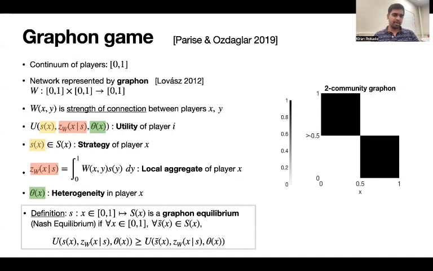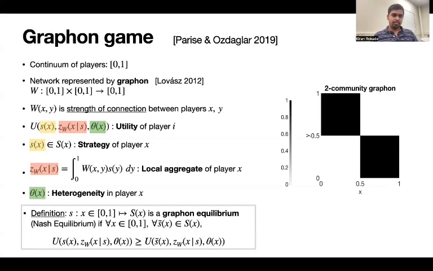Now, in a Graphon game, just like a network game, you have a utility function that takes 3 arguments. The first argument is the strategy of player x. The second argument is the local aggregate of player x, which is the integral of the strategies of the neighbors of player x in the Graphon. And the third argument is the heterogeneity parameter, which distinguishes player x from other players in the network.